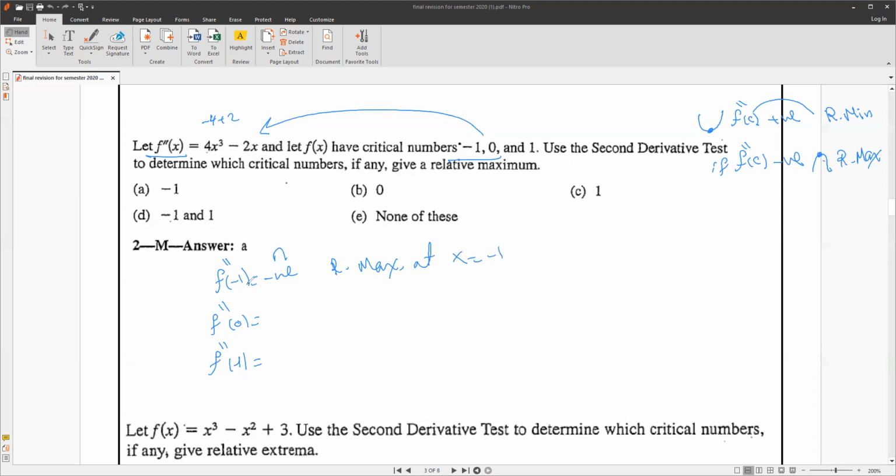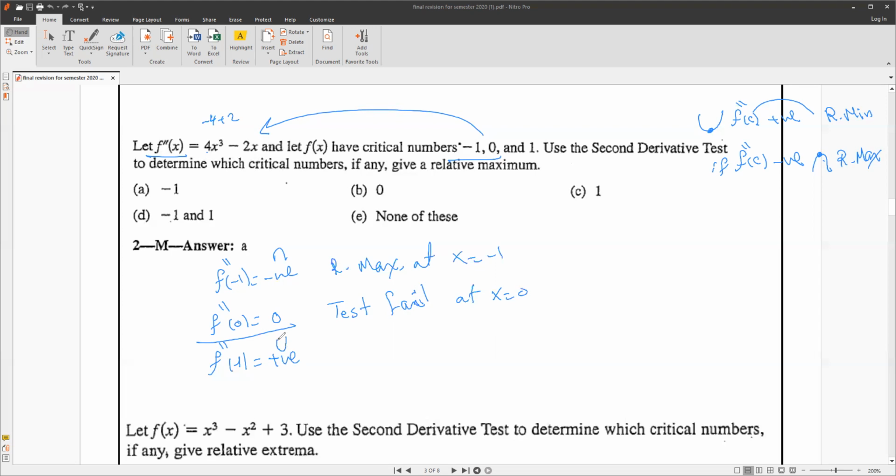At 0, if you replace, it will be 0. In this case, if the second derivative equals 0, the test fails, and we have to use the first derivative test at x equals 0. At 1, it will be 4 minus 2, which is 2, so the value is positive.